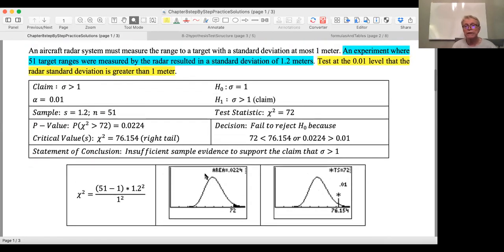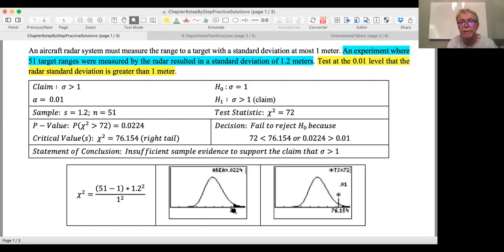Second one, this one is a test of standard deviation, and we know the test statistic is 72. This is a chi-squared curve. Remember, chi-squared starts at 0, and the mean is the sample size minus 1, so right about in the middle we would plot that mean. Then we plot 72. This is why we do the plot: we have a point of reference to know whether our test statistic is to the right or to the left of the mean.